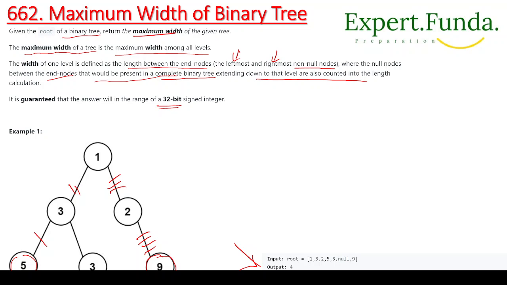In the essence of binary tree traversal, we need to traverse the tree in order to measure its width. The common strategies to traverse a binary tree are breadth first search and depth first search.